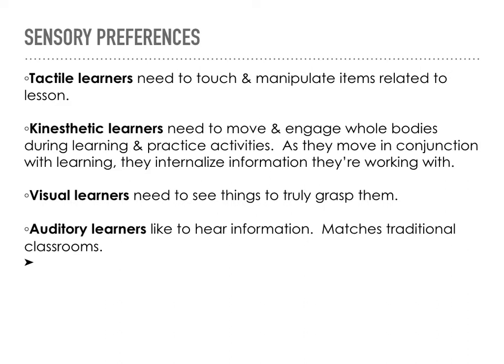Sensory preferences. Tactile learners need to touch and manipulate items related to the lesson. Kinesthetic learners need to move and engage their whole bodies during learning and practice activities. As they move in conjunction with learning, they internalize information they're working with. Visual learners need to see things to truly grasp them, and auditory learners like to hear information.